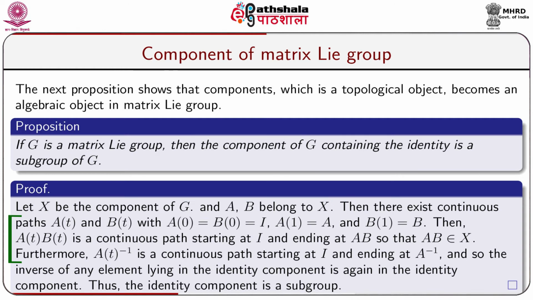Thus, the product of two elements of the component containing the identity is again contained in the corresponding component. Now we have to prove that if A belongs to the component, then A inverse also belongs to the corresponding component.